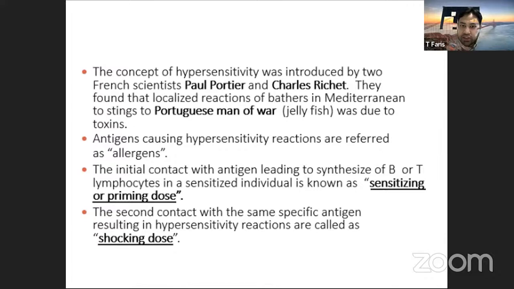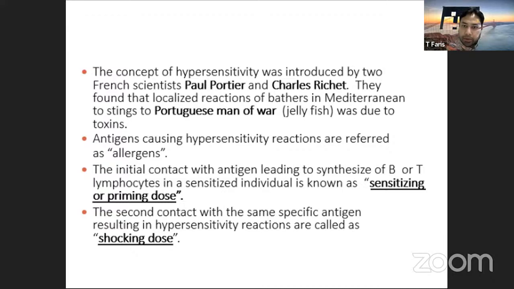So this jellyfish was able to cause allergic reactions in people taking a bath in the Mediterranean Sea. From that event, they found that these jellyfish or certain types of organisms can produce toxic substances that are harmful to our body system, and hence hypersensitivity developed.